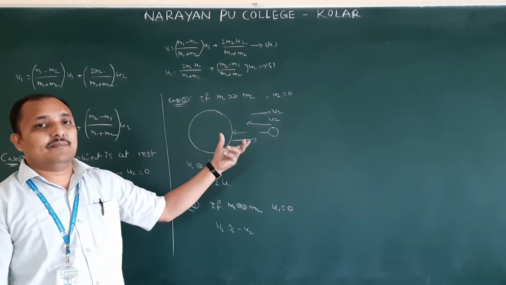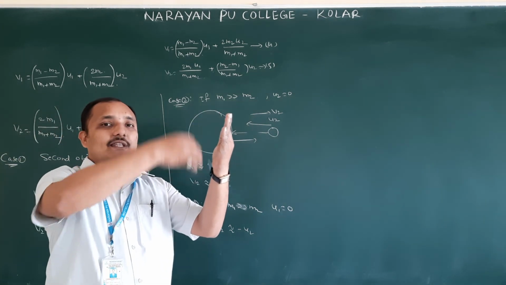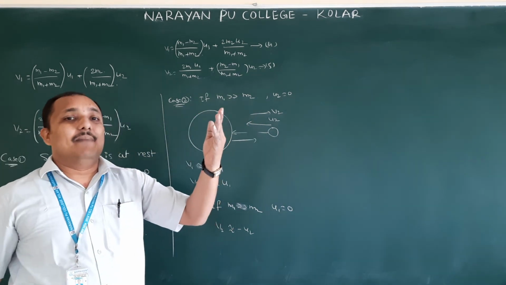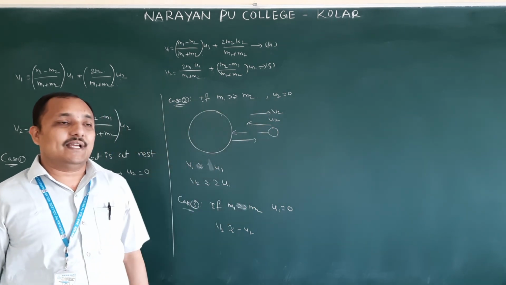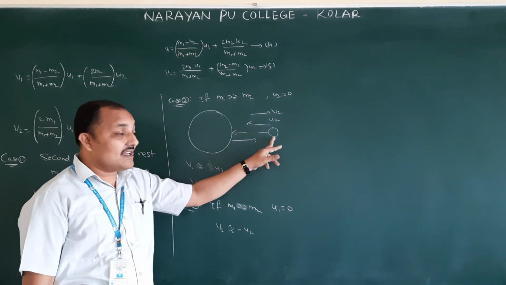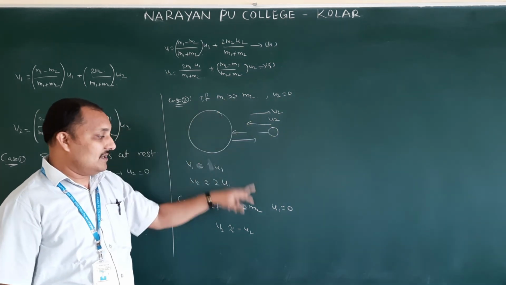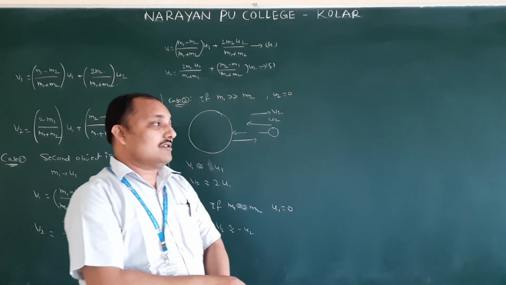The example is a ball hitting the wall. Whenever the ball hits the wall, it comes backwards with the same velocity. In the earlier case the velocity doubled, but in this case it is reversed: with the same velocity it goes backwards.